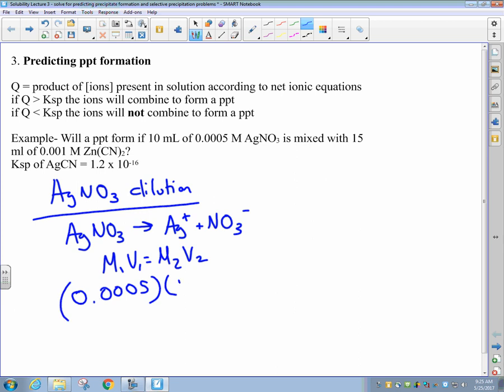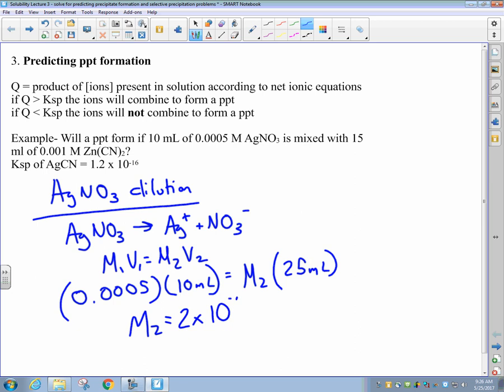Our initial volume of that is 10 milliliters. Trying to solve for our new concentration, and our new volume is the 10 plus the 15 as it mixes, for a total of 25 milliliters. We solve for M2 and we get a concentration of 2 times 10 to the negative 4th molar silver nitrate.